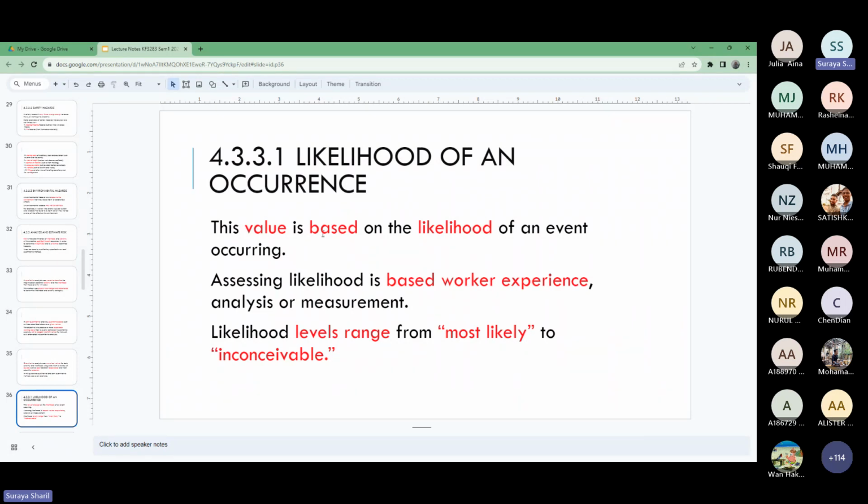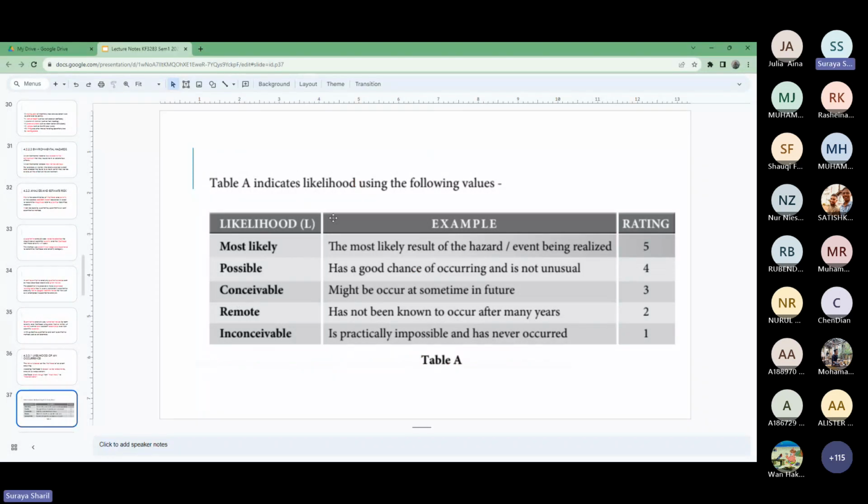Okay, next is about likelihood of an occurrence. This value is based on the likelihood of an event occurring. Assessing likelihood is based on worker experience, analysis, or measurement. Likelihood levels range from most likely to inconceivable. So this is table A, which indicates likelihood using the following values.